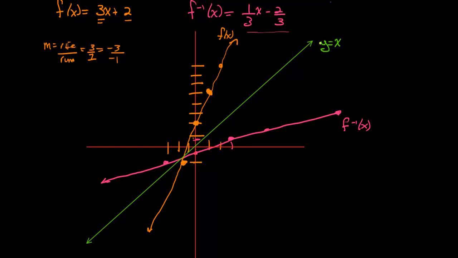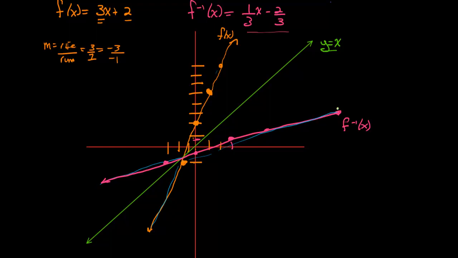If you were to fold this graph in half along the line y equals x, we would have the mirror image of both of these sides. You'd have the mirror image of this, and this would fold and flop and give you this on this.